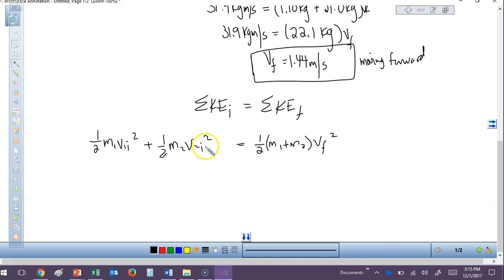A shortcut is that I know that the velocity initial of the second block is 0, so that makes things a little easier.